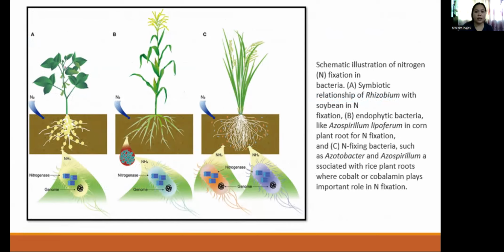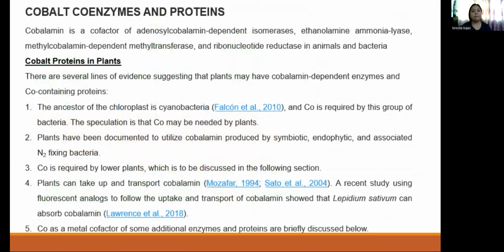Nitrogen fixation in bacteria. Nagpe-play po si cobalamin ng important role in nitrogen fixation. Ito po ay isang enzyme cofactor at hindi lang po sa hayop, pati din po sa mga bacteria and plants. Sabi dito, cobalt protein in plants.